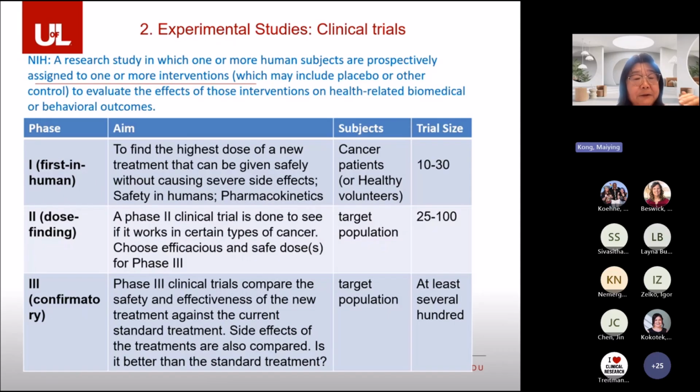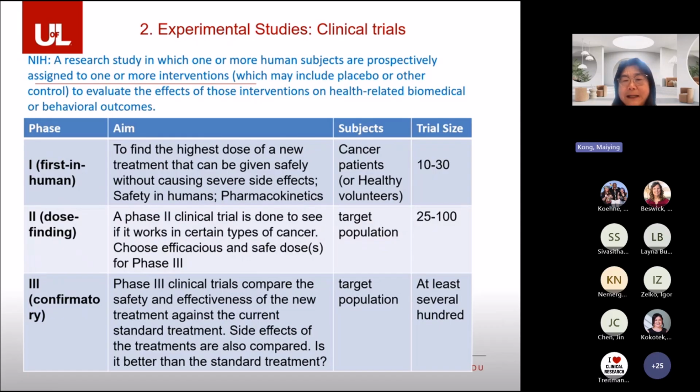developed in phases, phase 1 to phase 3. Phase 1 is a first-in-human study. It is to find the highest dose of a new treatment that can be given safely without causing severe side effects. Safety is the primary endpoint in a phase 1 study.